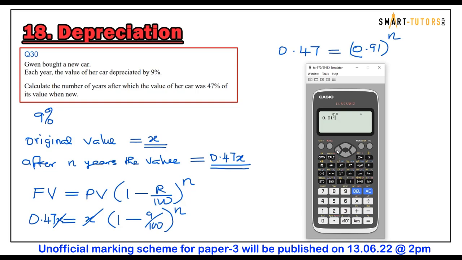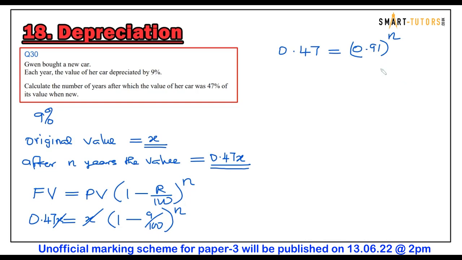So I'm going to try a couple of bigger values. So 10, 0.91 to the power 10 is 0.38. So we can adjust the number a little bit to 8, 0.47. Right, roughly 0.47.